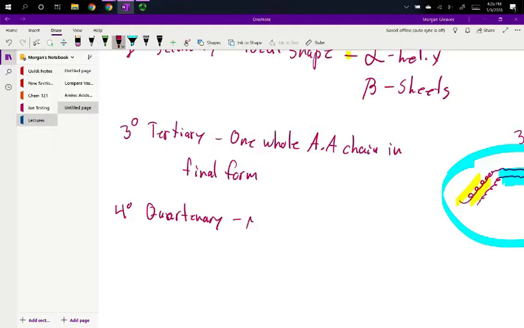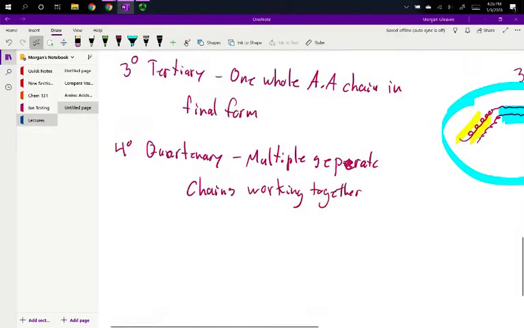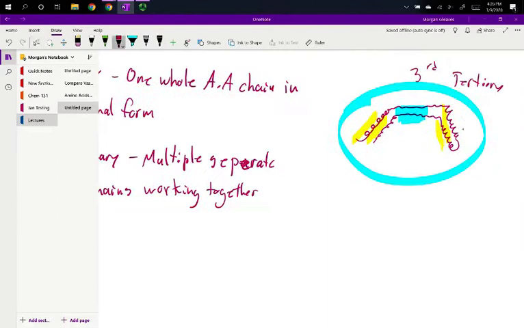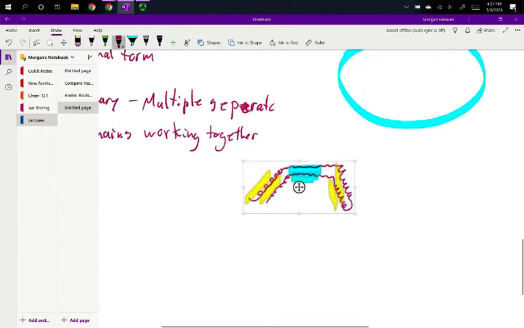Quaternary is multiple separate chains working together. So back to our example over here, if I snag this, and well, it won't let me copy it. Let's bring it down here then.